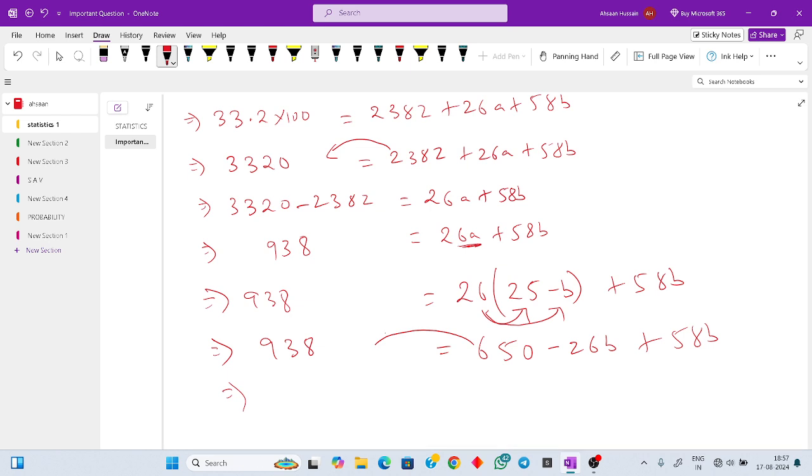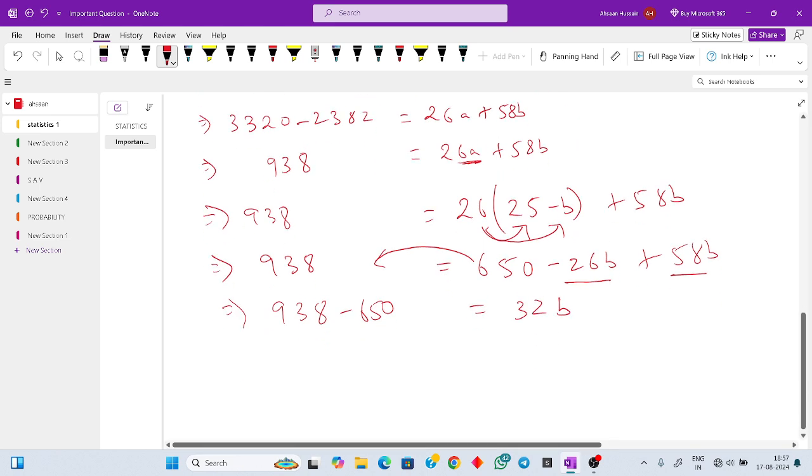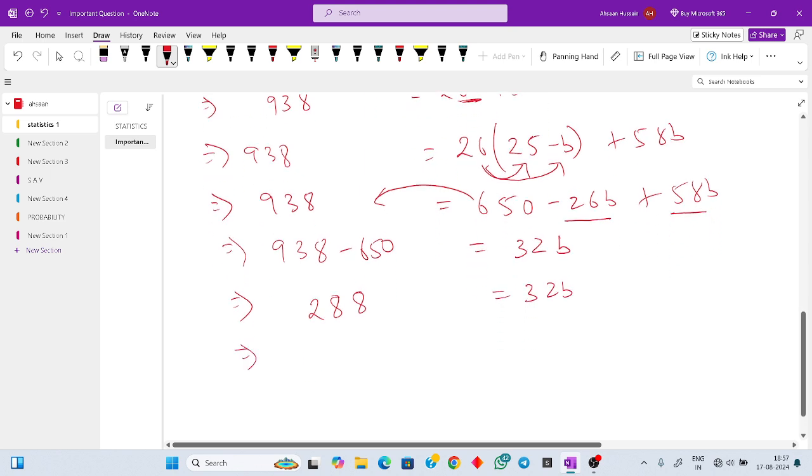Again, we'll bring to the other side. So 938 minus 650 equals to, so minus 26 plus 58 will give a positive value, that is positive 32b. So 938 minus 650 will give 288. Now this is 32 multiplied b.